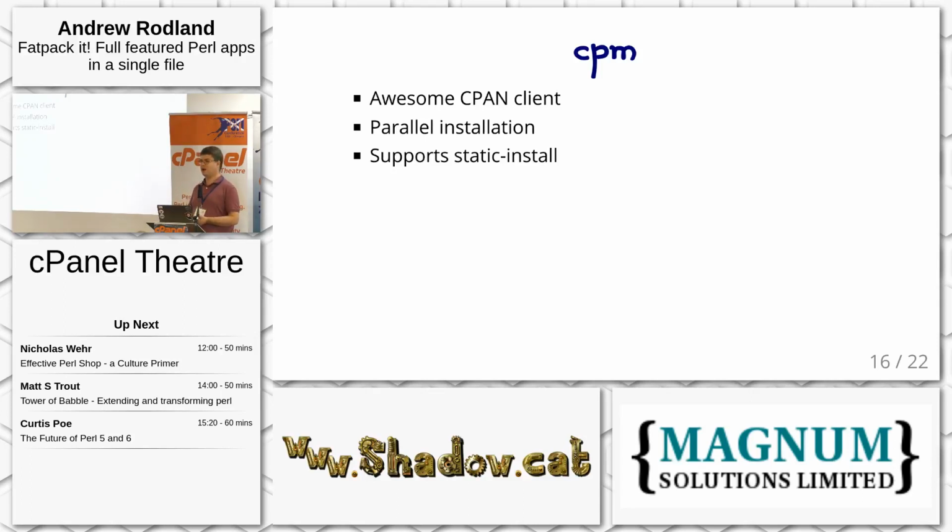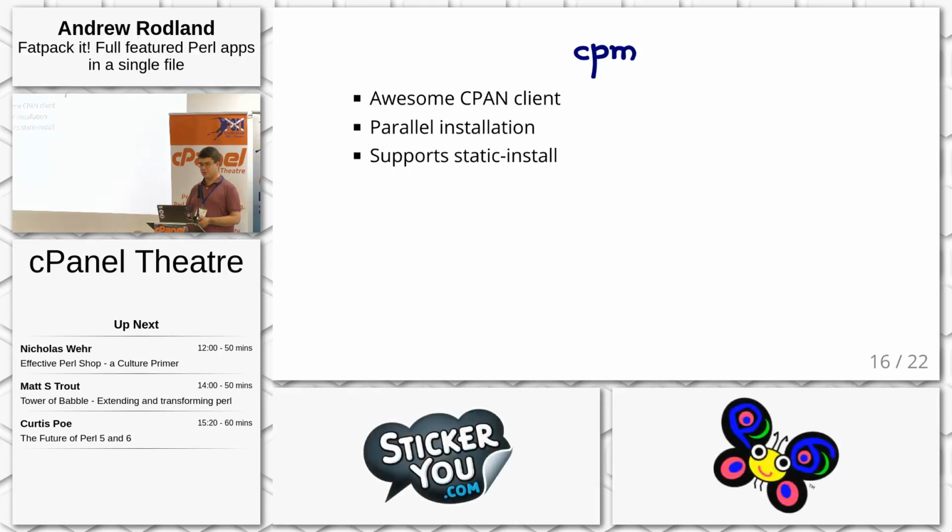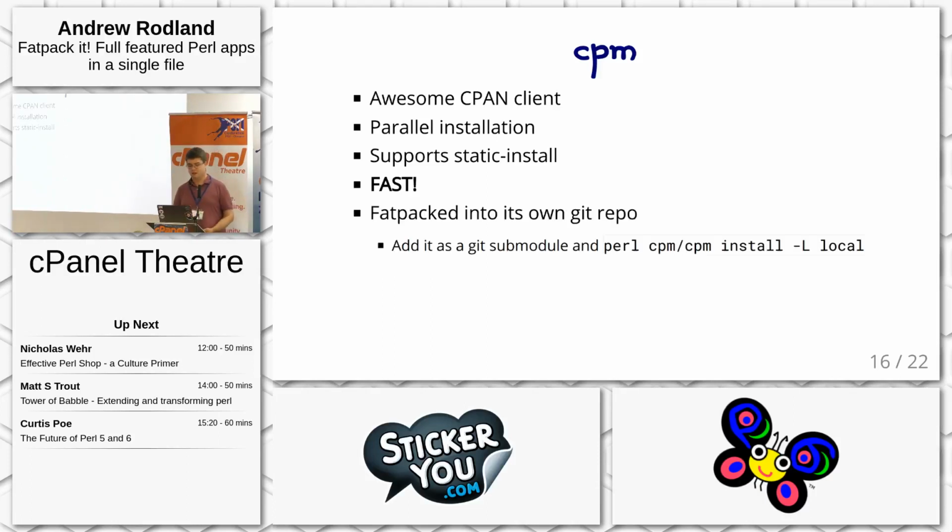The majority of modules just have a Makefile.PL, which is copy these files to where they belong. If that's all you need to do, you can mark a module as static install, and a client that supports that will just copy the files, and it won't run Perl or Makefile.PL, and it'll save you a lot of time, which means it is fast.